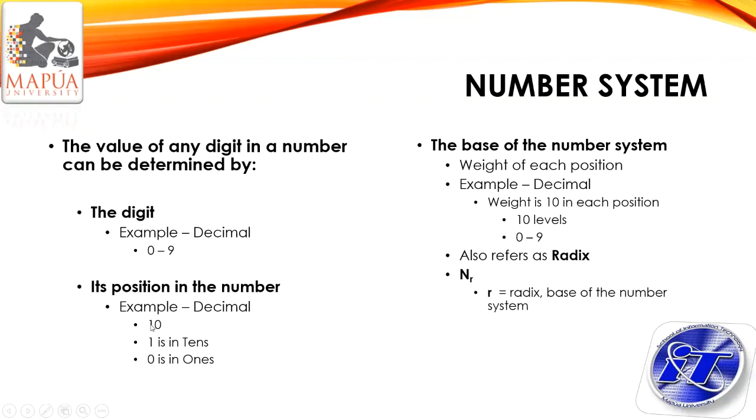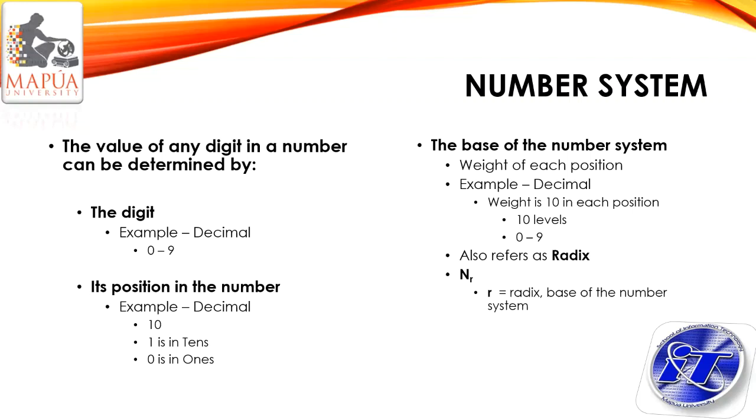So 1's positional value is tens. How about 0? It's ones. We all know that tens is bigger than ones. Even though they have the same digit, if it belongs to a different position, it means they have different weight. And the third is the base of the number system.